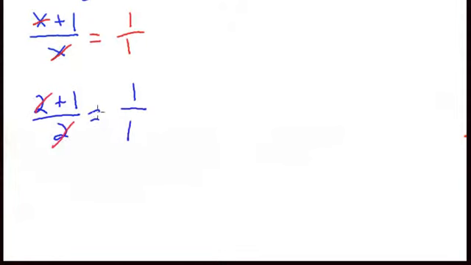But let's do the problem a different way, and instead of canceling, let's just add these together. We get 2 plus 1 over 2. That's going to be 3 over 2. 3 over 2 is not the same as 1 over 1, and I bet everybody out there can see this is absolutely a correct way to go about it. Add things up here, it's 3, and then nothing's going on here, so it's just 2.